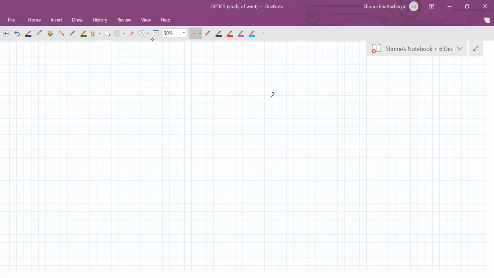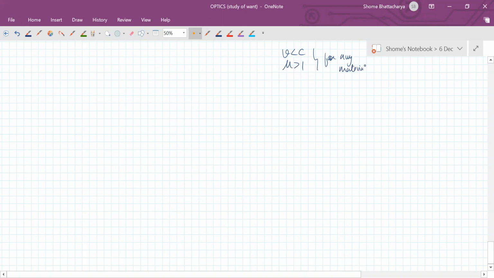Mu is always greater than 1. v can never be greater than c. v is always less than c, and mu is therefore always greater than 1. For any material medium, speed of light is maximum in vacuum and almost equal to the same in air, though slightly less. Okay, so that is the idea.